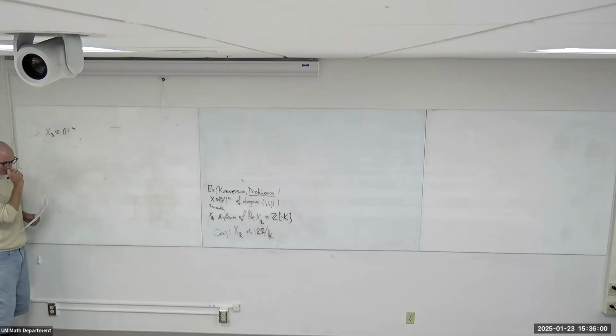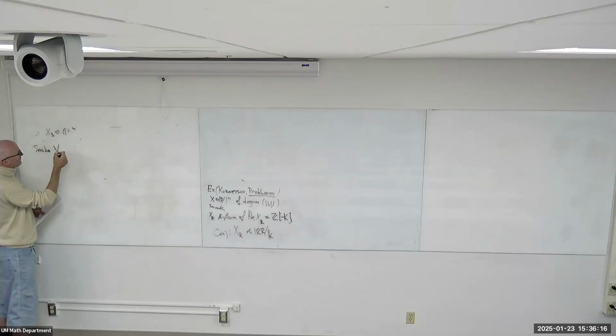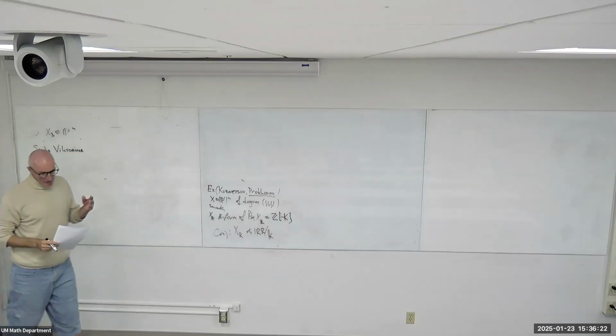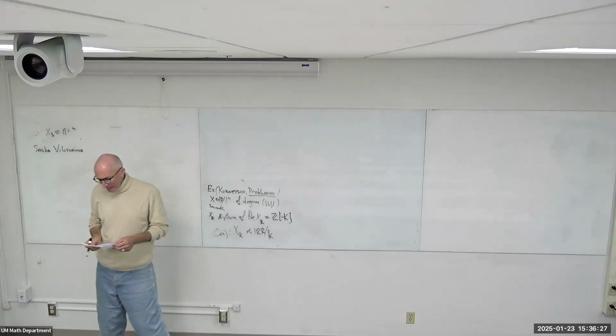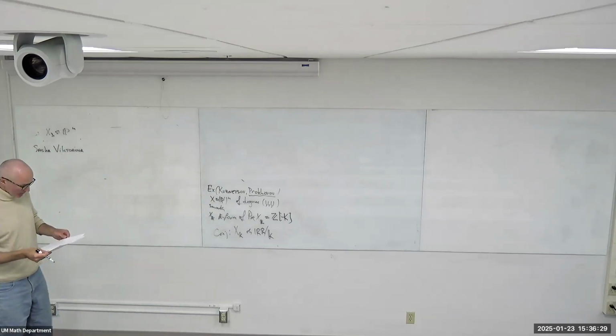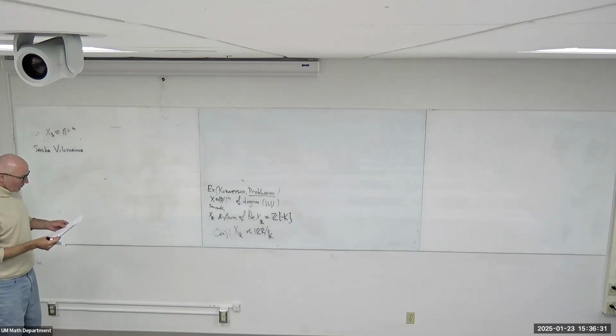For example, the most recent result is the PhD thesis of Sasha Viktorova, a former student of Radu Laza from Stony Brook. She's now a postdoc in Europe, in Edinburgh. In her PhD, she classified all possible singularities which can appear on a cubic threefold, and before her there was also some kind of result.